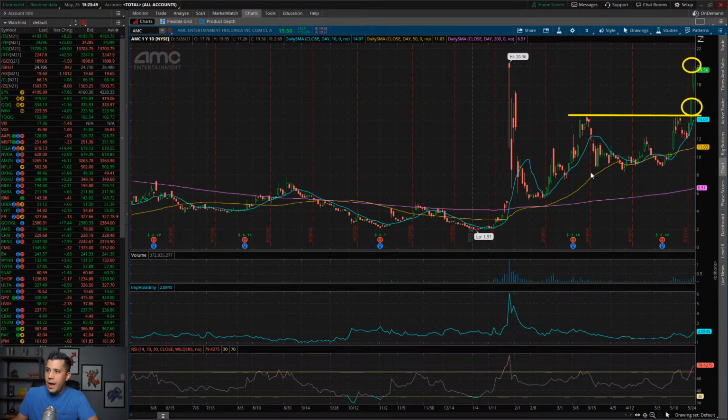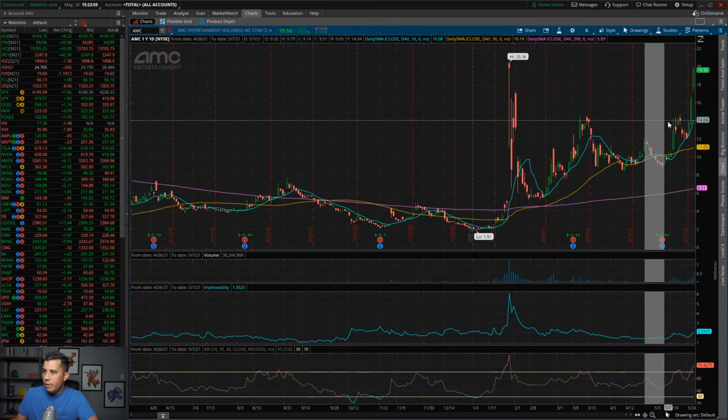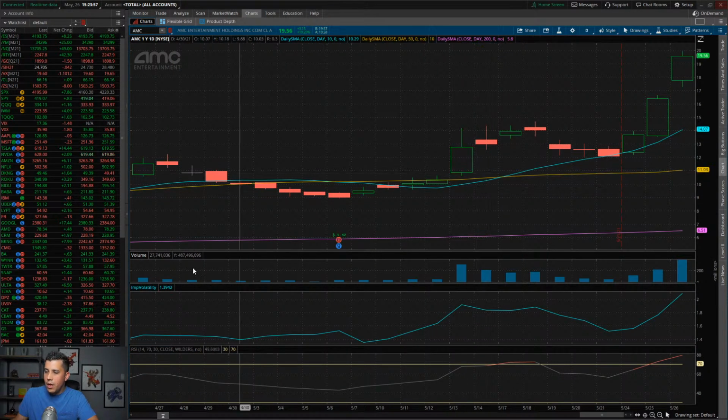And with AMC, you also had multiple confirmations here. If I zoom in right in here, you can see there was a bull flag forming, and it's a little sloppy here. Actually, let me zoom out.